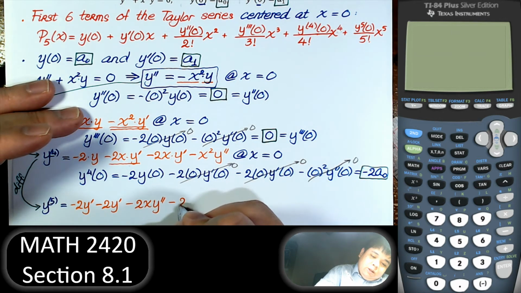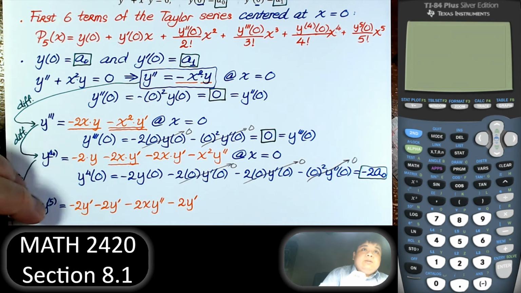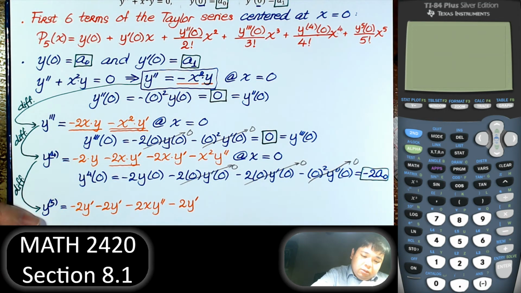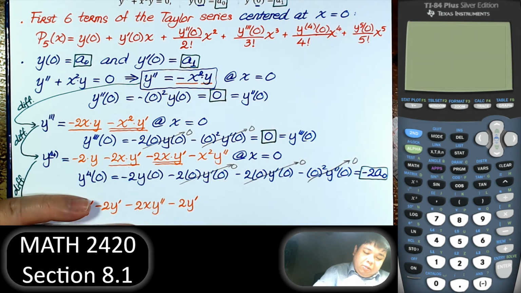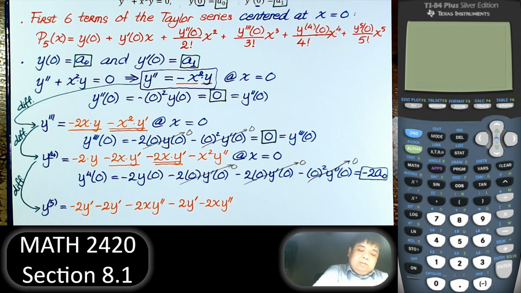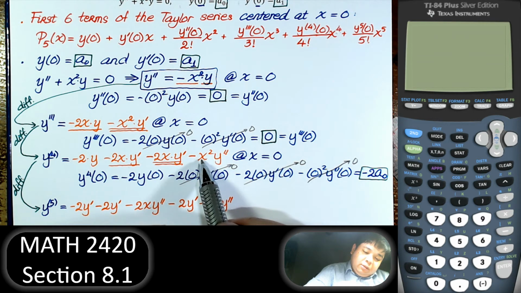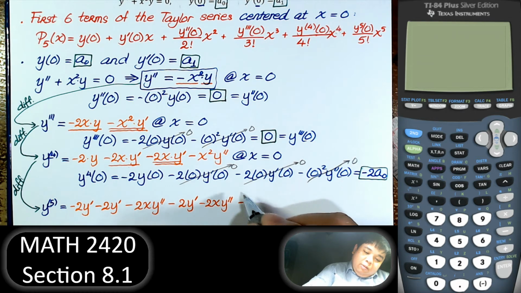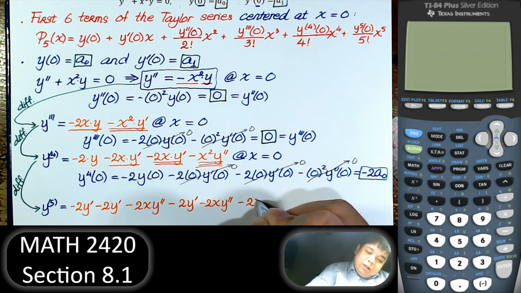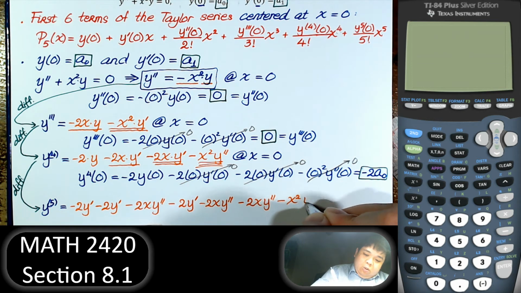Minus 2 y prime, we're doing this one now, and then minus 2x y double prime, and this minus 2x y double prime, minus x squared y triple prime.